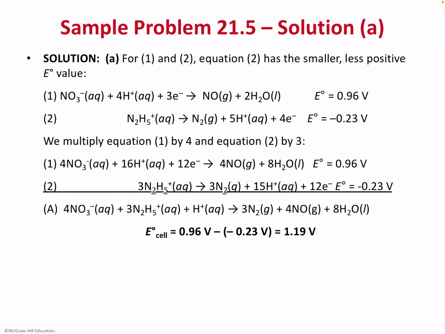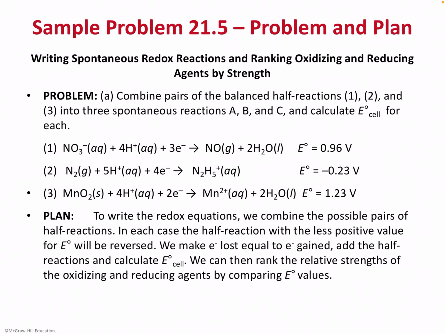And then we can do 1 and 3. So between 1 and 3, 1 is 0.96, 3 is 1.23. Which one is going to be your reduction? Which one is going to be your oxidation? Always the reduction would be the more positive value.